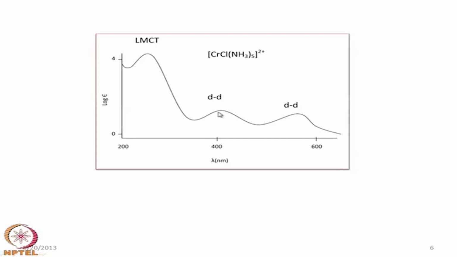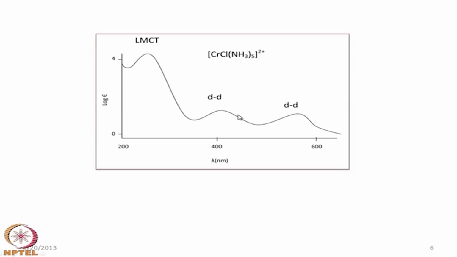We will find that the third transition is under the envelope of the LMCT transition. Since it is in the log epsilon scale, we will find that the corresponding epsilon is in the range of 10 to the power 4 for the charge transfer transitions, which are highly intense compared to these dd transitions.